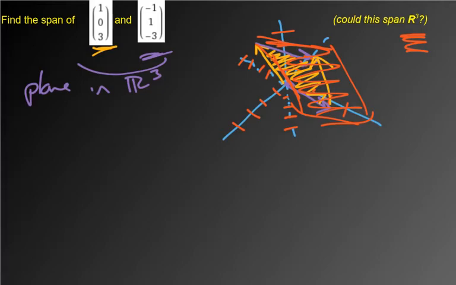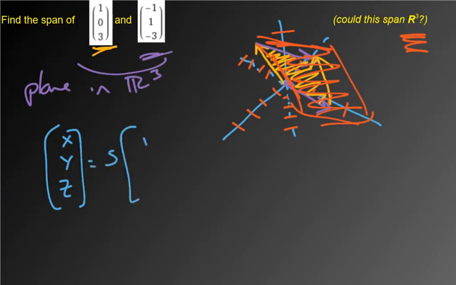And the way we actually find the span is we literally just say it is the set of all x, y, z, which would equal some scalar of the first one plus some scalar of the second one.